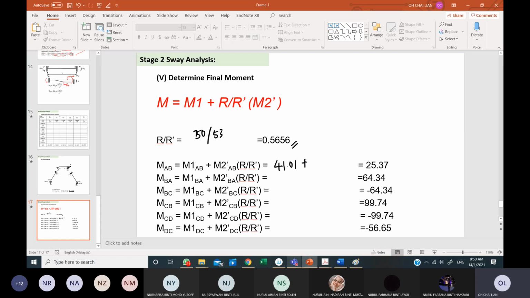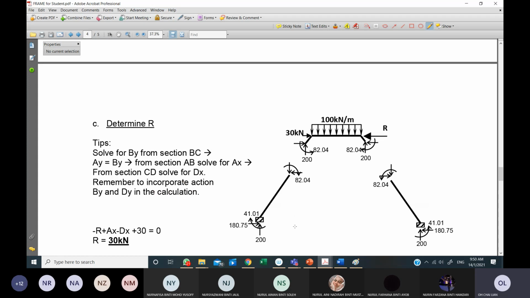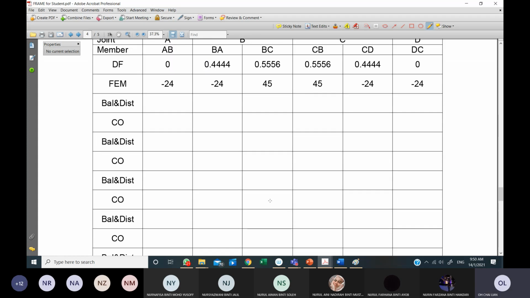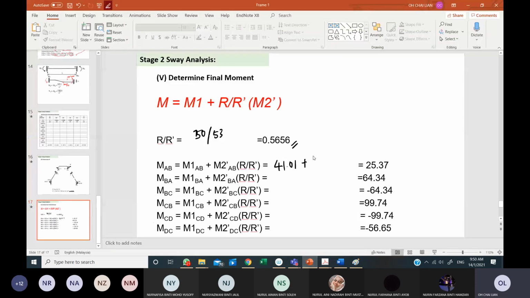Plus, then we move to table number 2, it's 27.7, so negative 27.7, multiplied by this correction factor, 0.57, let's say. Then you are able to get your final answer. So you proceed with all the remaining.